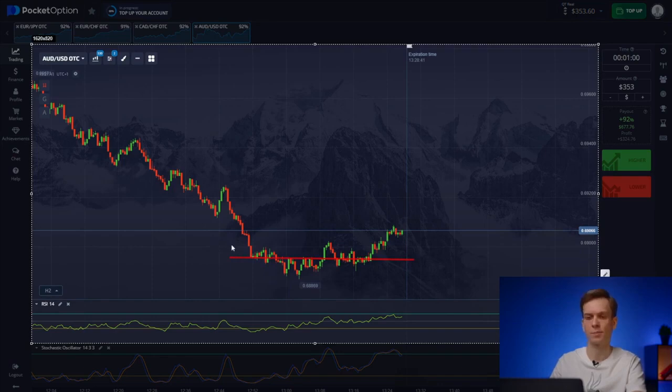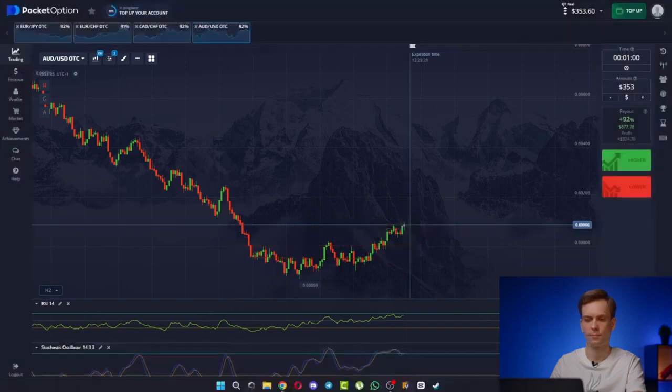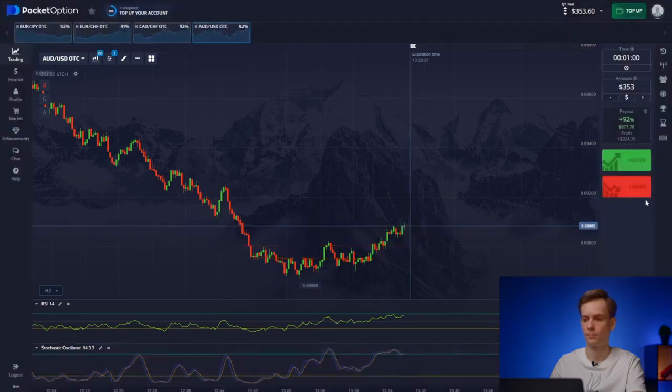Because initially the price bounced between this level and the lower level, but now it's going to fluctuate between this and the top one. Alright, back to trading, let's hit lower.